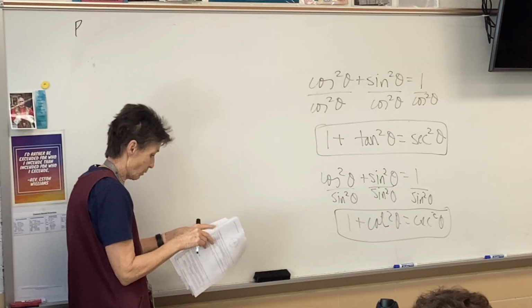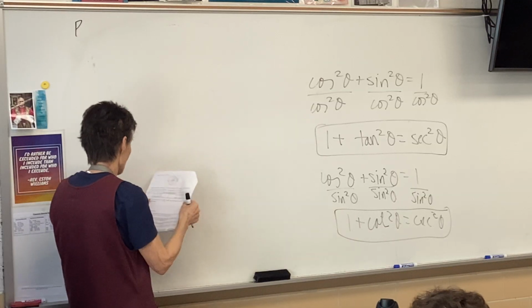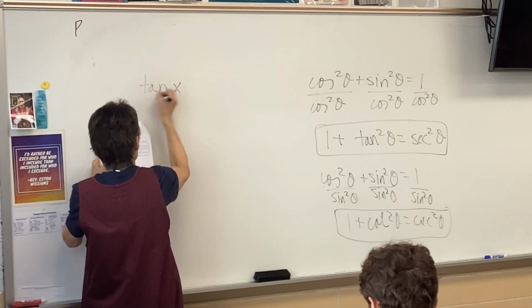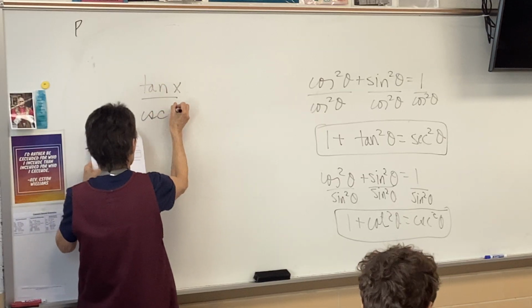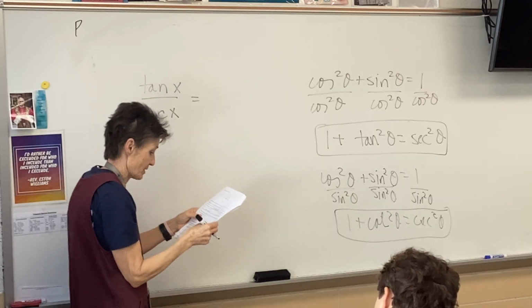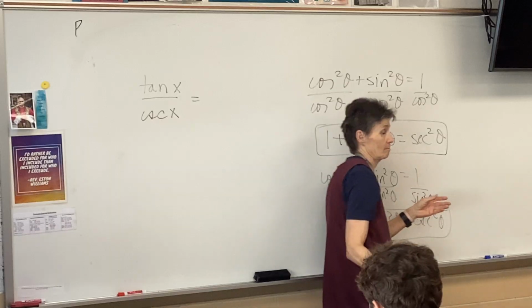But we'll be fine. All right, example 1 says we have tangent over cosecant, and we are to rewrite this as just cosine.